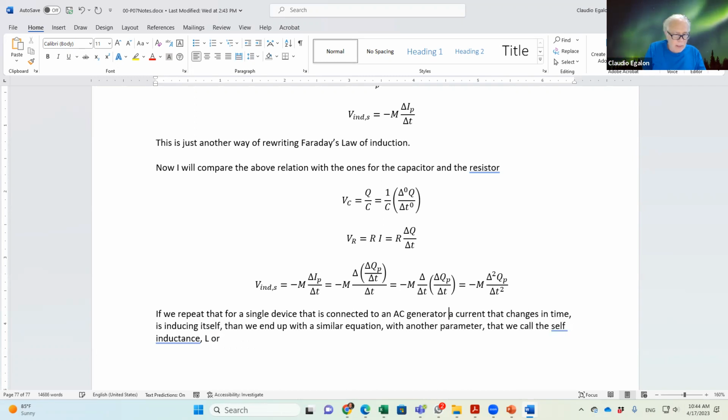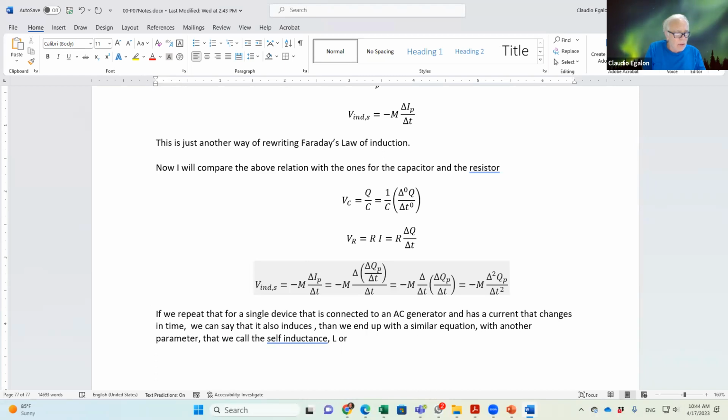and has a current that changes in time, we can say that it also induces a current on itself.